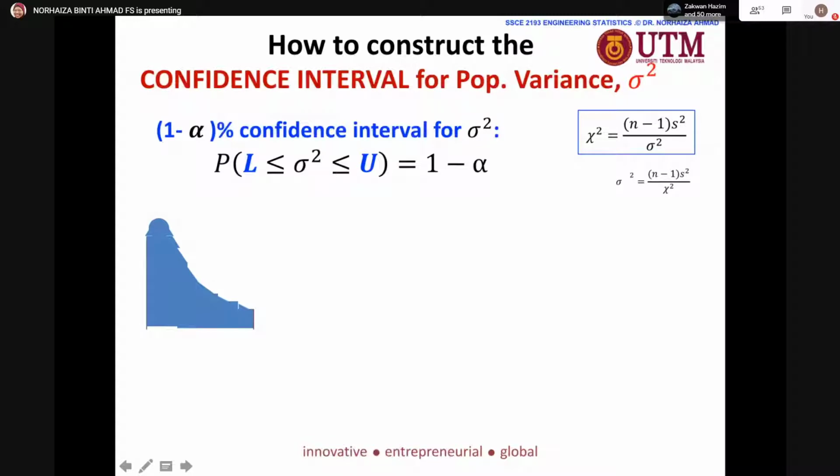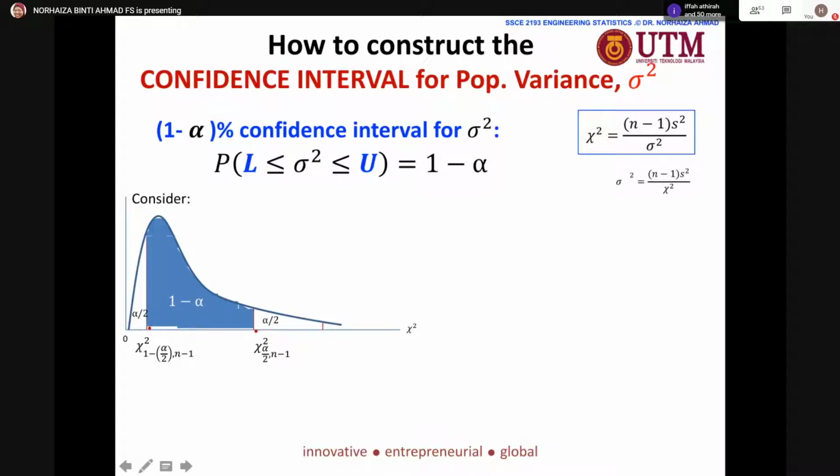So the aim of finding the confidence interval is to find these limits which satisfy this probability. Okay, so if I were to draw this chi-square distribution, now 1 minus alpha is going to be in the middle, just like we saw for the Z distribution.